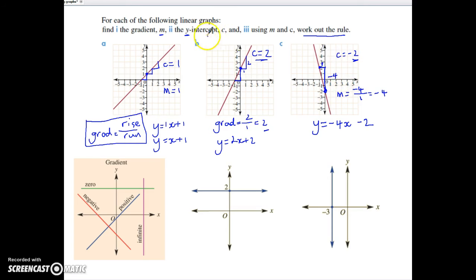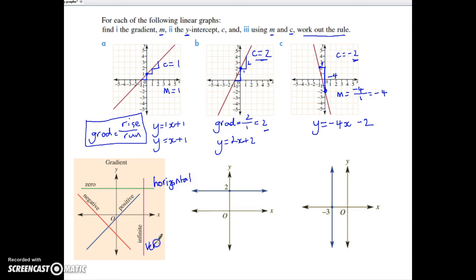So any time you need to find the equation of a line, you've just got to find gradient, y-intercept, and put them together. We've already discussed that a positive gradient will slope this way, a negative gradient will always slope this way, but we can also have a zero gradient, and any line that is horizontal has a zero gradient.